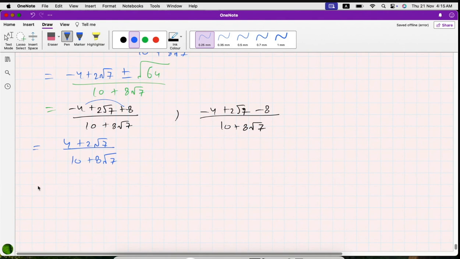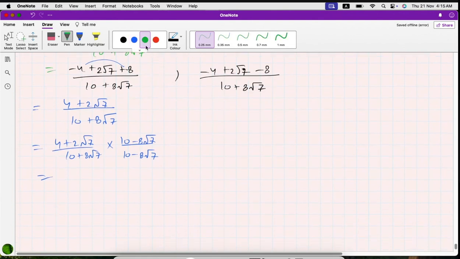So we'll rationalize it. This is 4 plus 2 square root 7 over 10 plus 8 square root 7, times 10 minus 8 square root 7 over 10 minus 8 square root 7. Now the numerator is 4 into 10 is 40, minus 4 times 8 is 32 square root 7. Now 2 into 10 is 20 square root 7, and 2 into 8 is negative 16, and into 7.